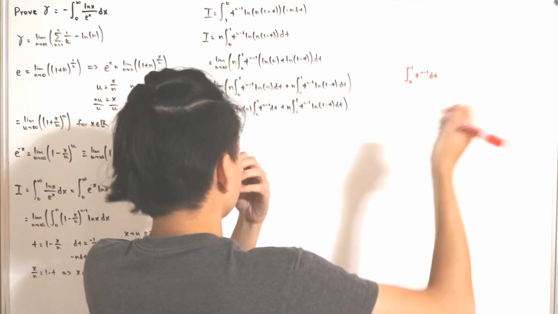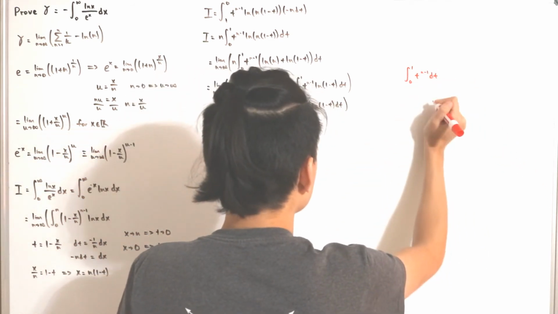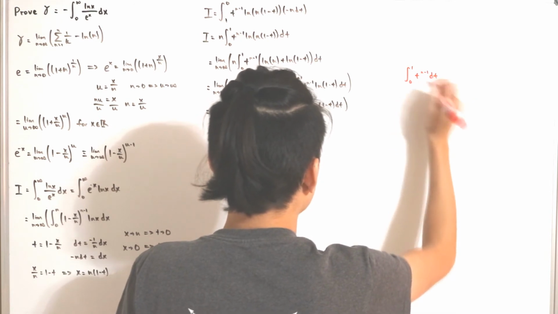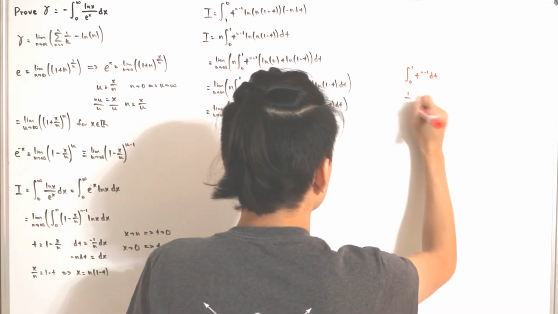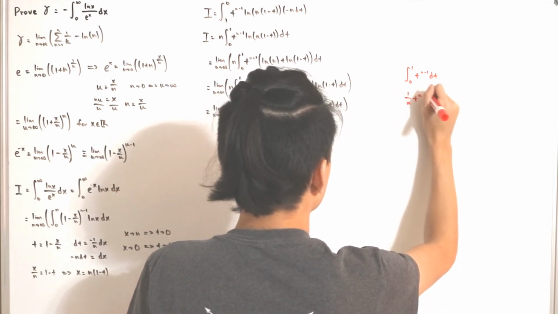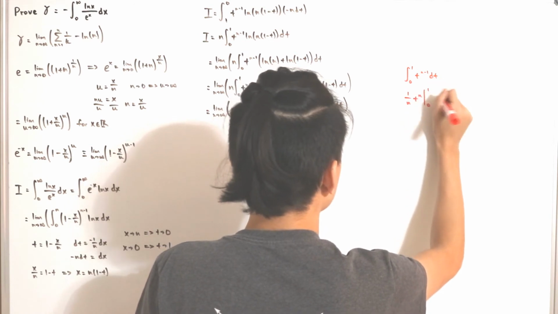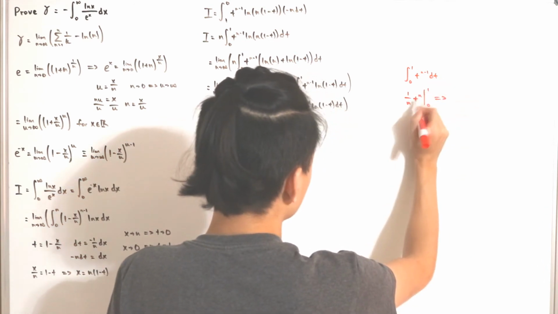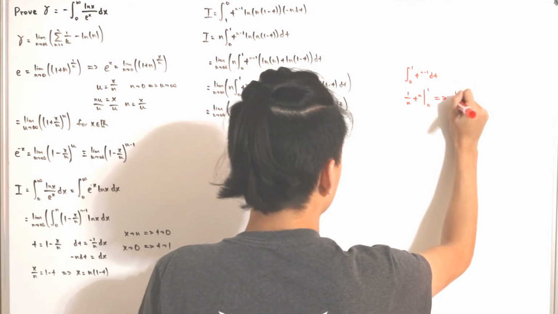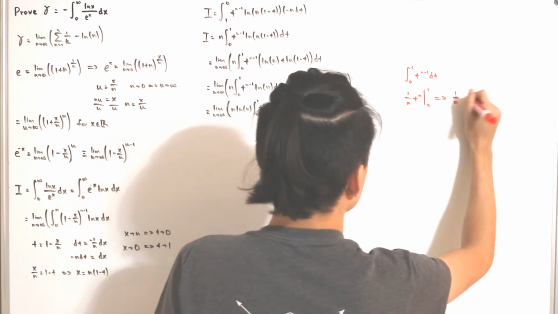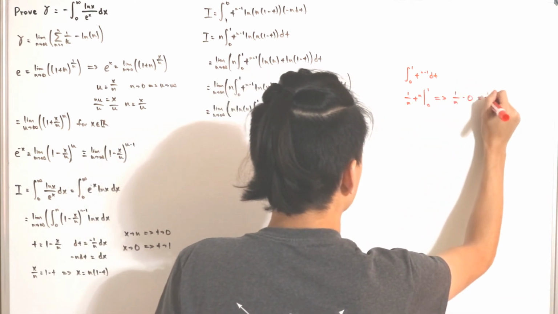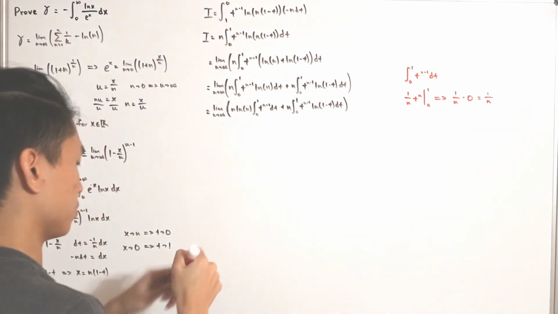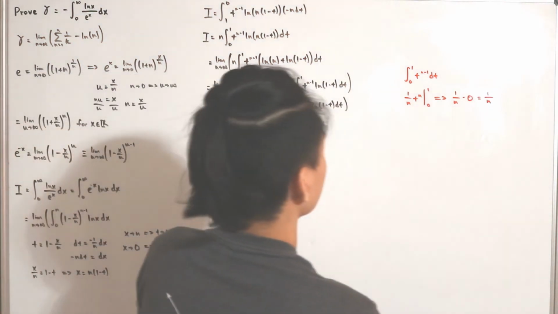So it's just the power rule. Just add 1 and then divide by that. So this is simply 1 over n, t to the n, evaluated from 0 to 1. When we plug in 1 for t, we simply get 1 over n, and when we plug in 0, we get 0. So 1 over n minus 0, therefore it's 1 over n. That's nice.